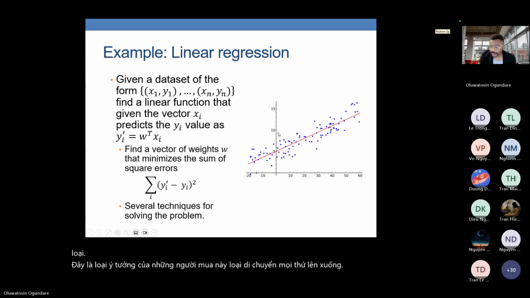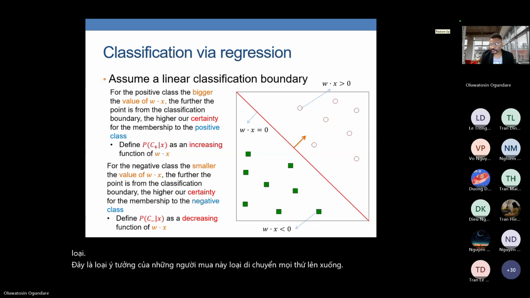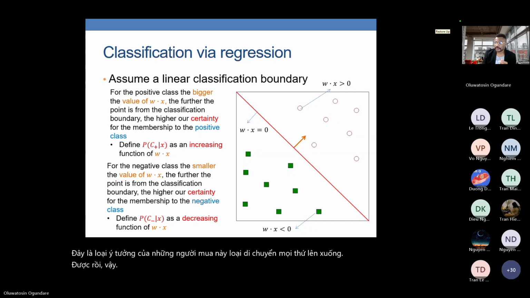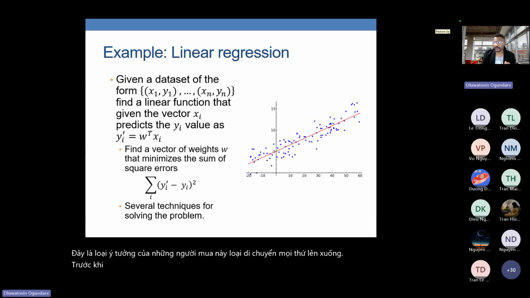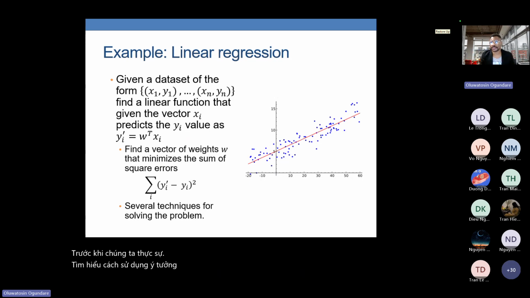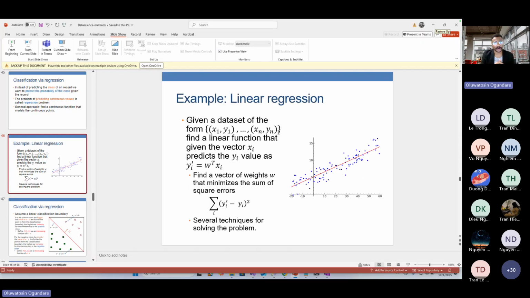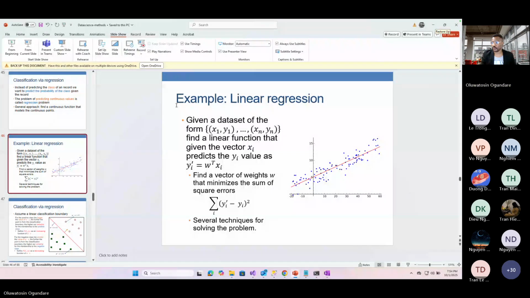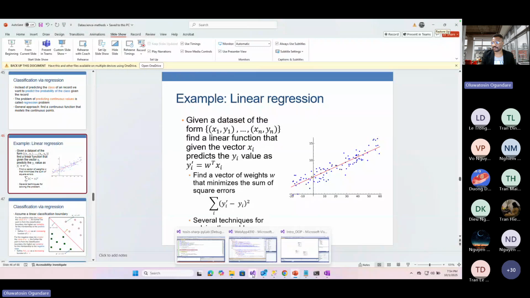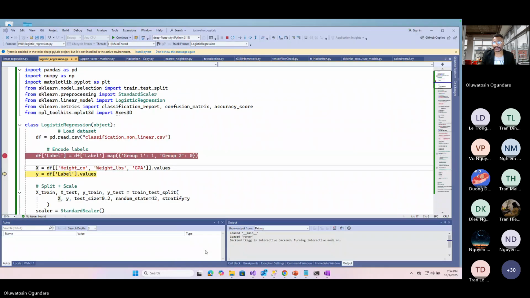All right. Before we learn how to use this idea of linear regression, the so-called equation of the line, to do classification, let's see if we can implement this very easily right now in class.